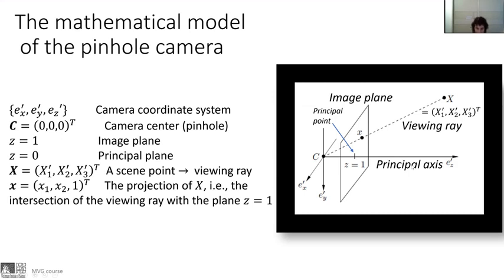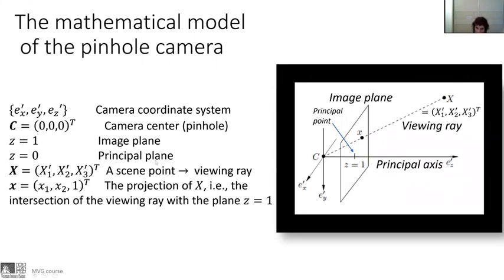The point where the principal axis intersects the image plane is called the principal point, and the plane at Z equal to 0, which is parallel to Z equal to 1 and contains the camera center, is called the principal plane.